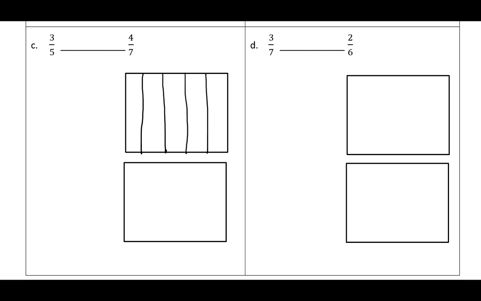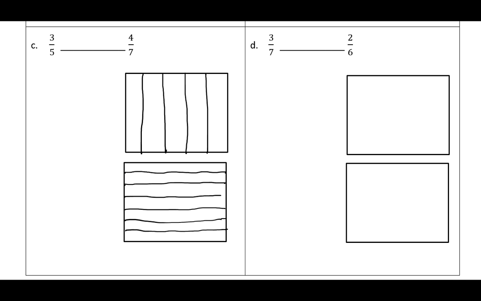And then I need to show my sevenths on the bottom rectangle, so I'll divide this rectangle into sevenths by drawing horizontal lines. And there are my sevenths. Now I just need to shade in 3/5 and 4/7 on the models.